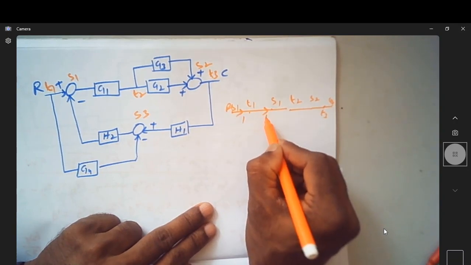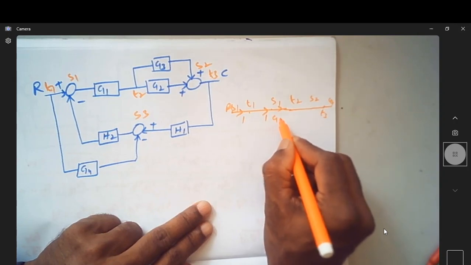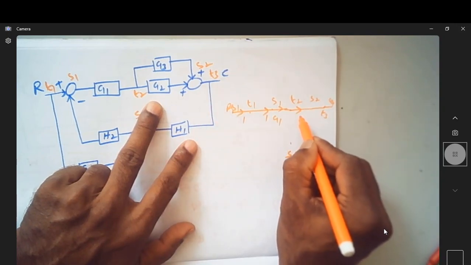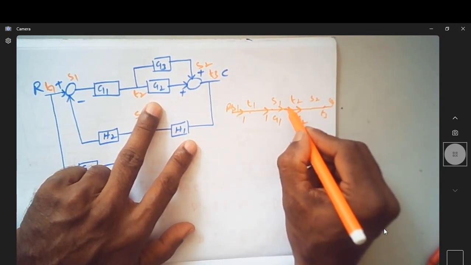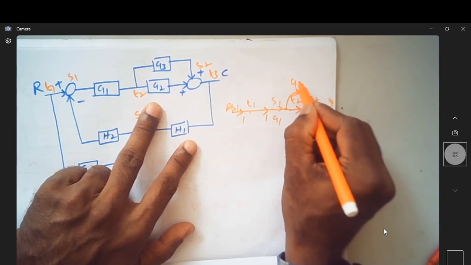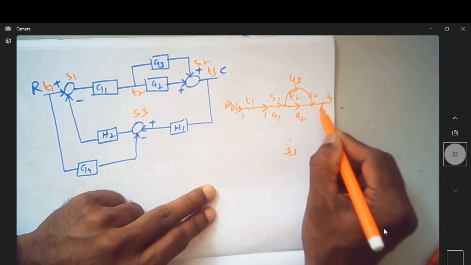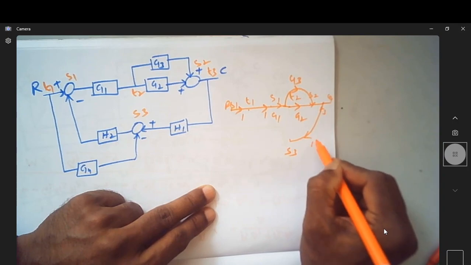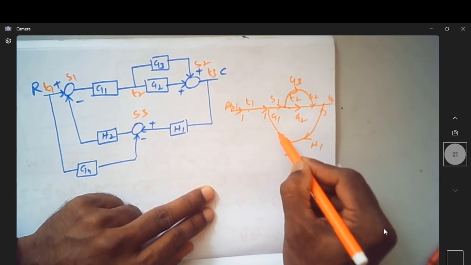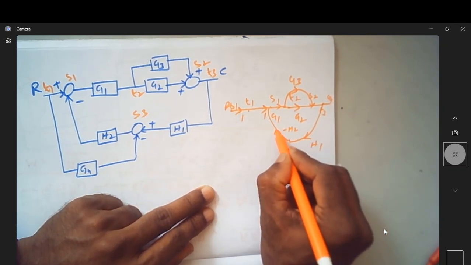Do we have something like this? This is 1, this is also 1. Between S1 and T2 I have G1. Between this and this it is G2, and I have one more thing going like this. This is G3, and from this T3 it is H1, and from that to the summing point S1 it is minus H2.